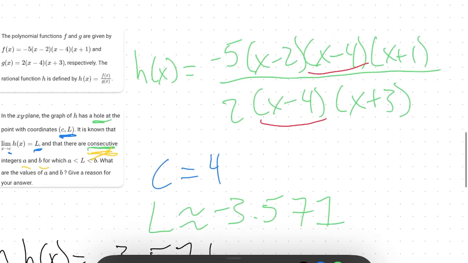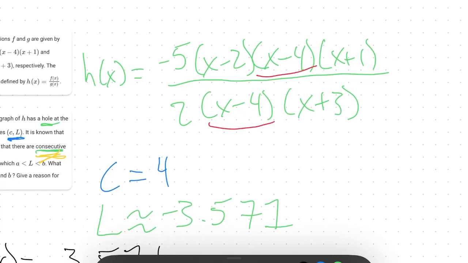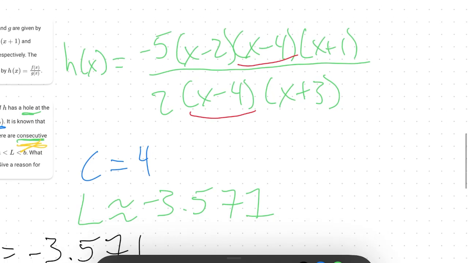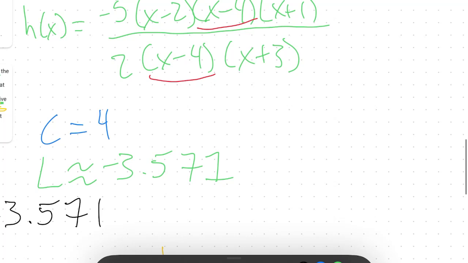So I verbally described why there's a hole at x equals 4. So you just have to write it down, the reasons why we have a hole at 4.